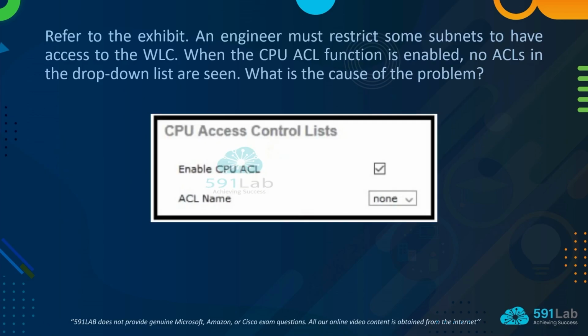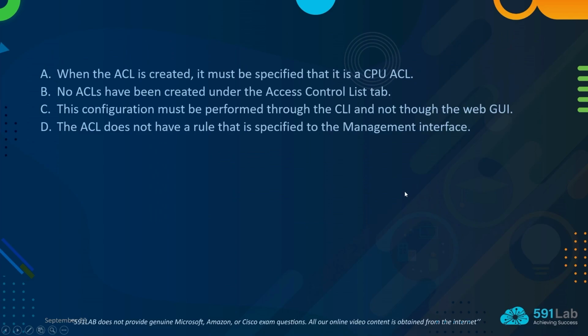Next one. An engineer must restrict some subnets from having access to the WLC. When the CPU ACL function is enabled, no ACLs in the drop-down list are seen. What is the cause of the problem? So the engineer basically wants to enable the CPU ACL and checks the box here, but he cannot see any ACL names under the ACL name. Okay, let's check the options.